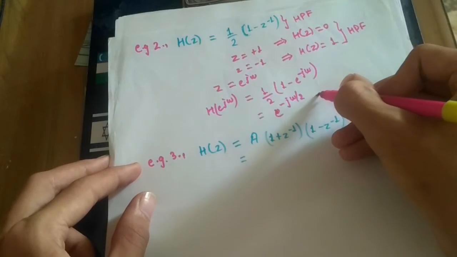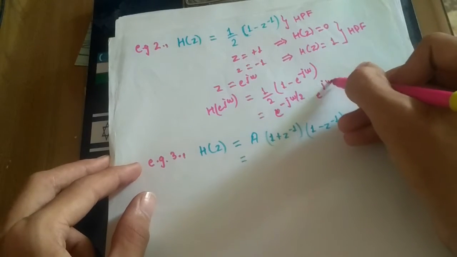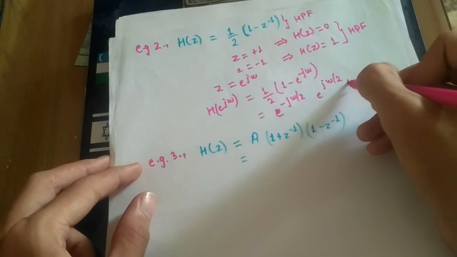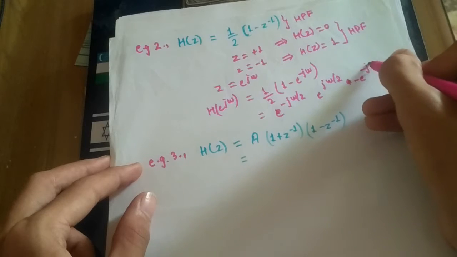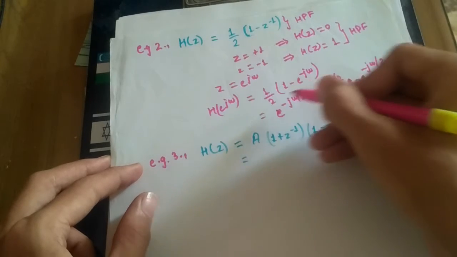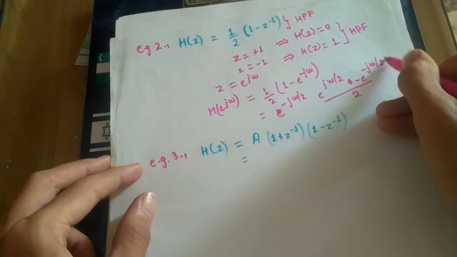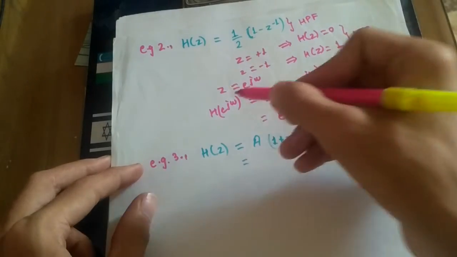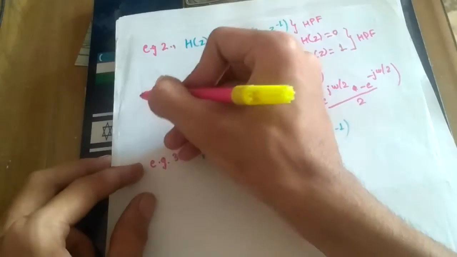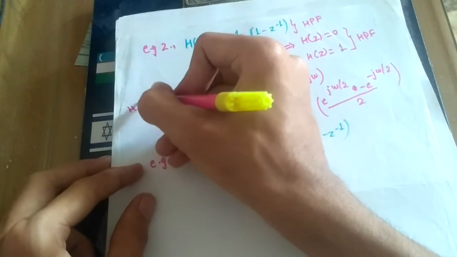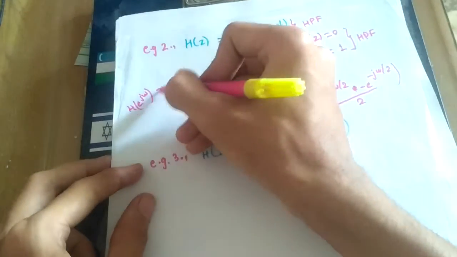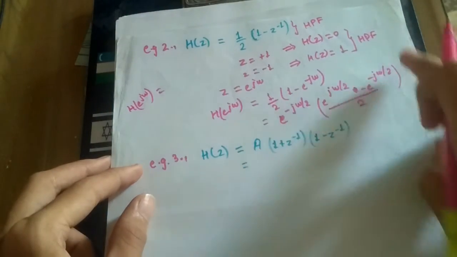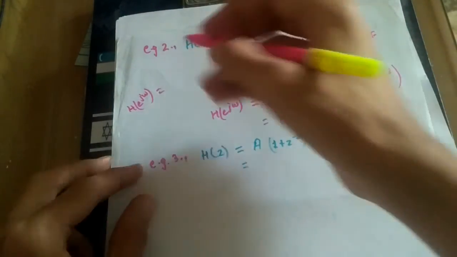Inside we are left with e power plus j omega by 2 minus e power minus j omega by 2, and this 2 I am writing over here. So at the end we are left with H of e power j omega, which is nothing but our sine of omega by 2.